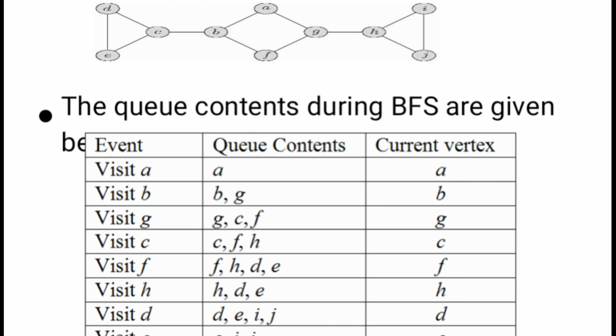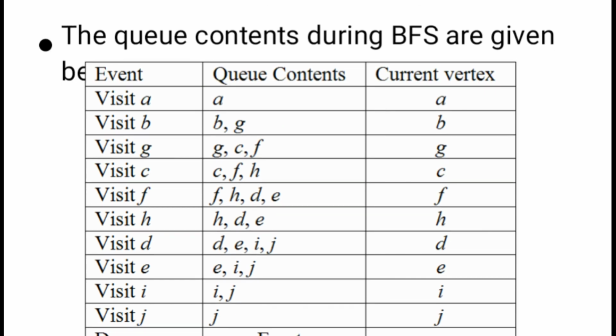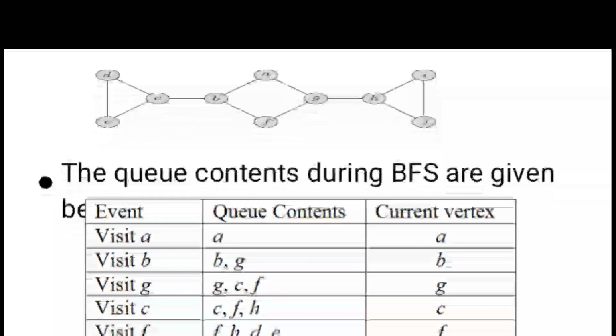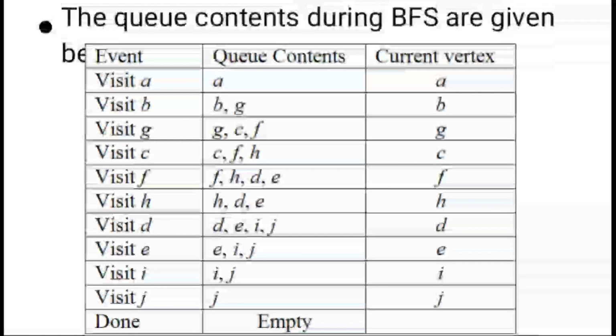Then the front element, H, is deleted from the queue, and the vertices adjacent to H are I and J, which are inserted into the queue. Then similarly, D is deleted from the queue, and the vertices adjacent to D are inserted into the queue.